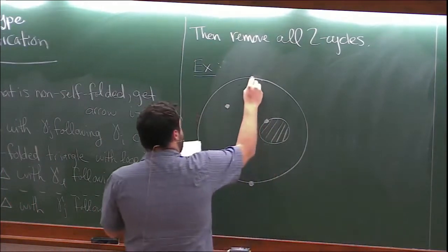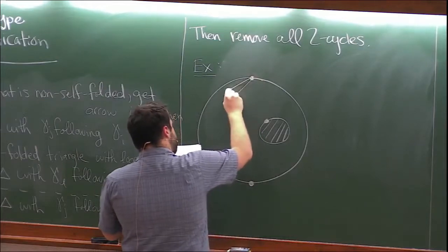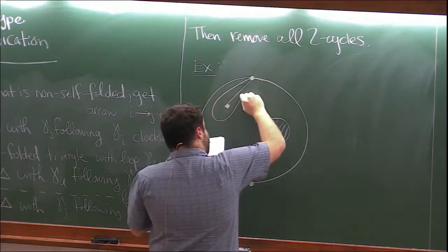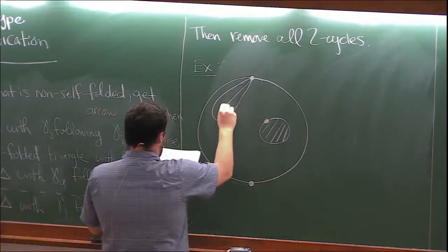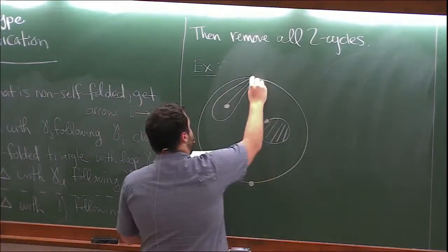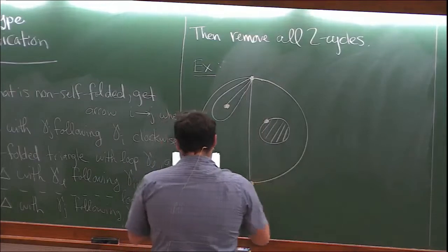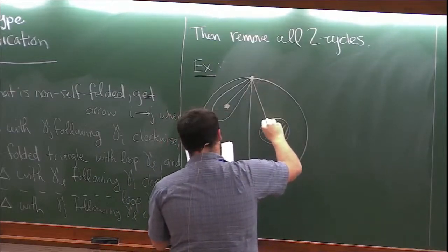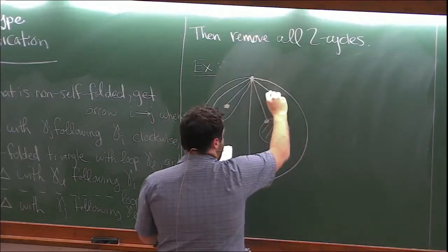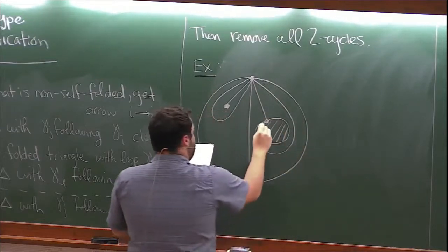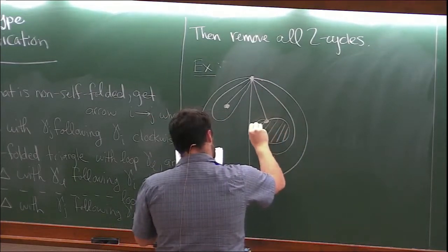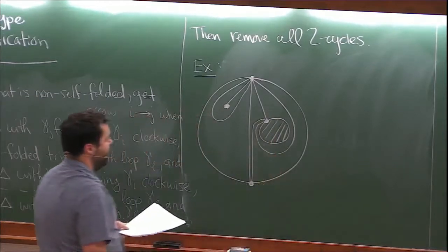So first I'll draw the sort of badly behaved part. This is a self-folded triangle. So here's a self-folded triangle. I'm going to have an arc like this, an arc like this, some arc that comes around like that, and one arc that goes here.